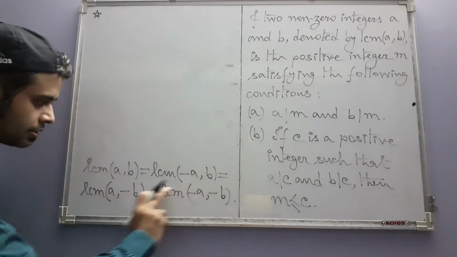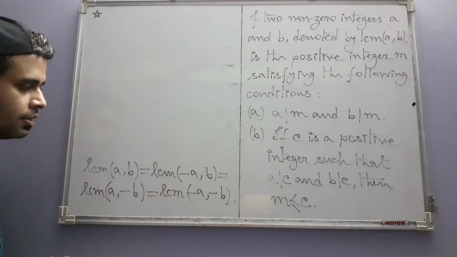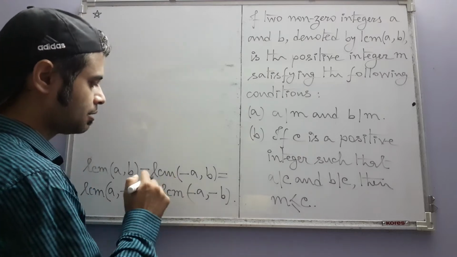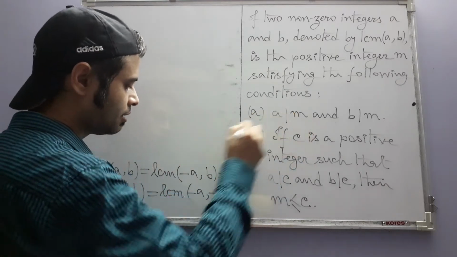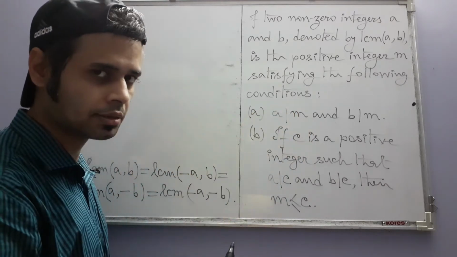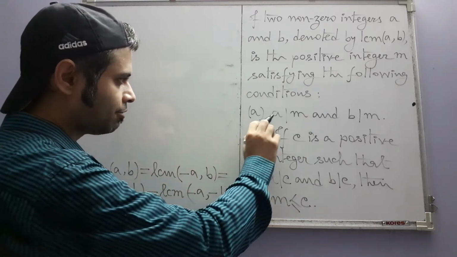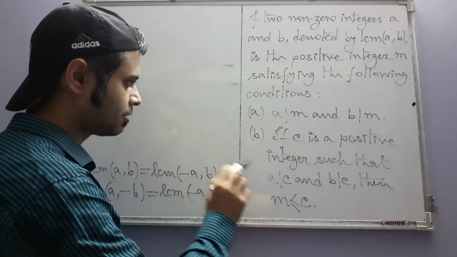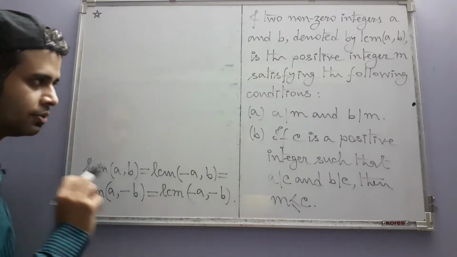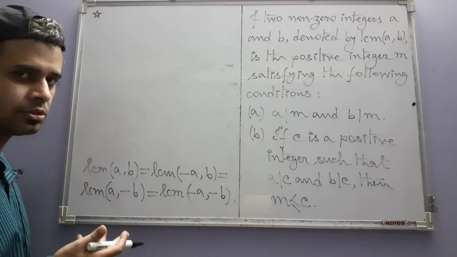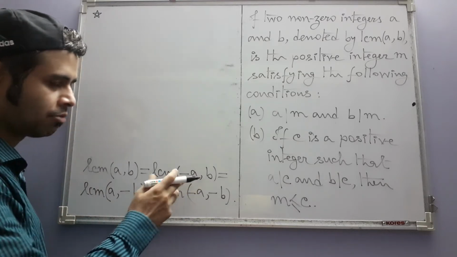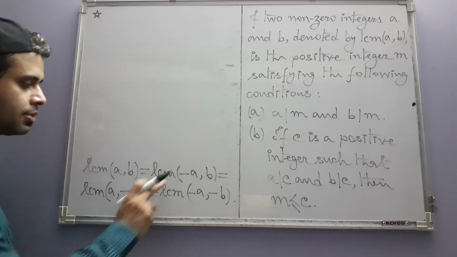That's why we have this kind of relations. So if A divides M, then minus A also divides M. Similarly, if A does not divide M, then minus A also does not divide M. So divisibility is unaffected by change of sign.